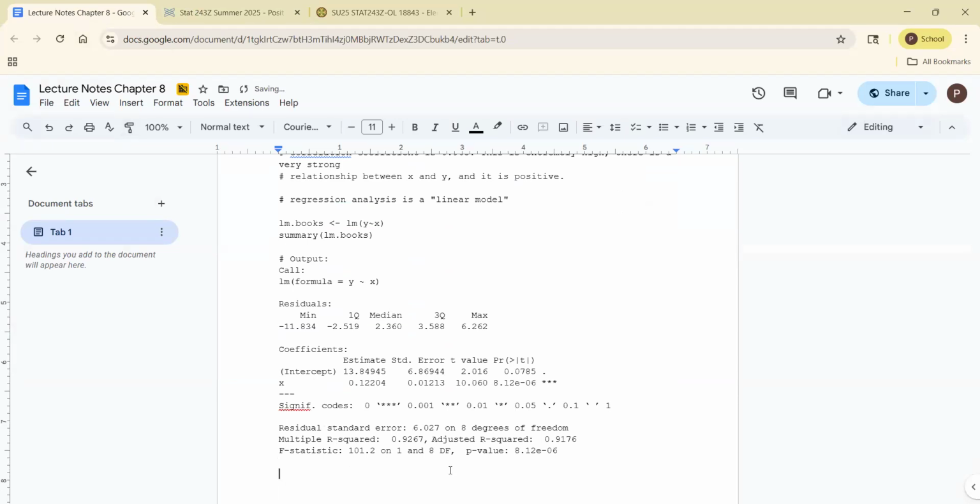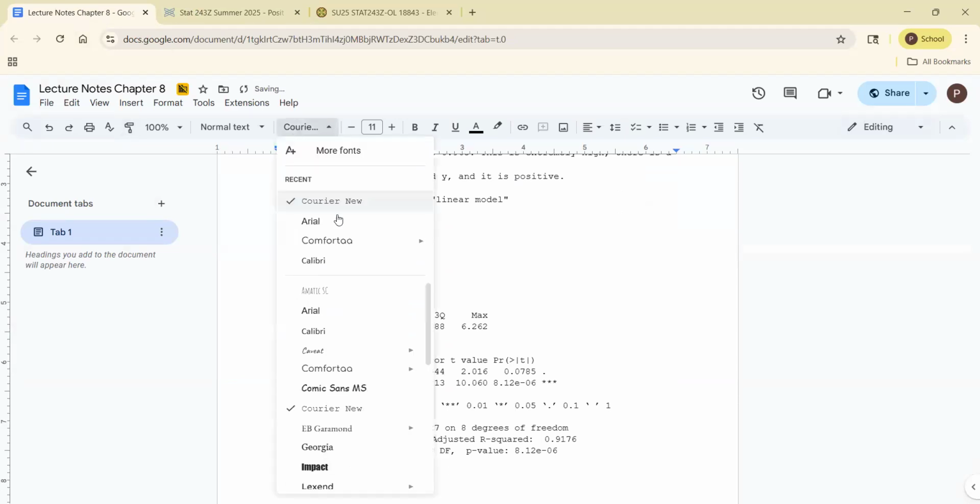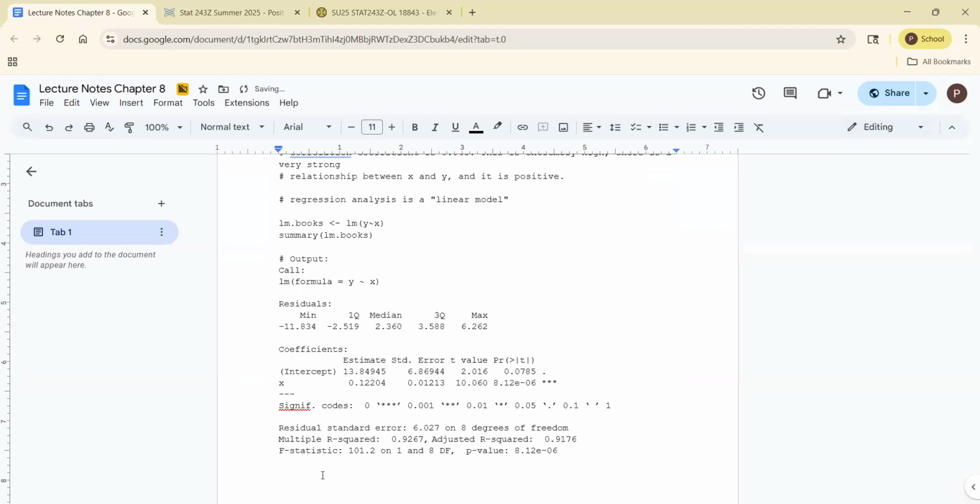Okay, there's our output, and let's start picking it apart. First, we are looking for a line of best fit, y equals mx plus b.